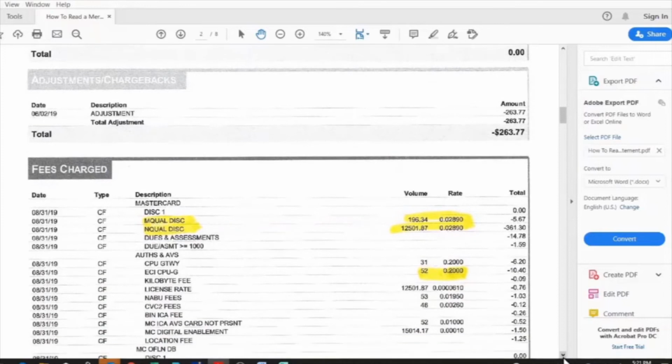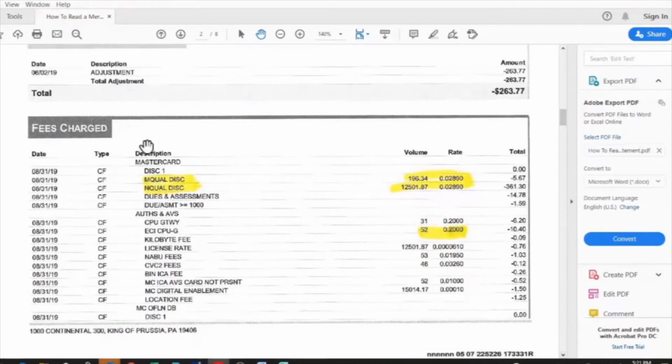Fees charged. Okay, first category, MasterCard. And I mentioned this was 3 tiers. So of all the thousands of categories of rates, this processor is bucketing them into 3 categories. One is called Discount 1, which is also called Qualified. Qualified is typically swiped credit cards, swiped debit cards.